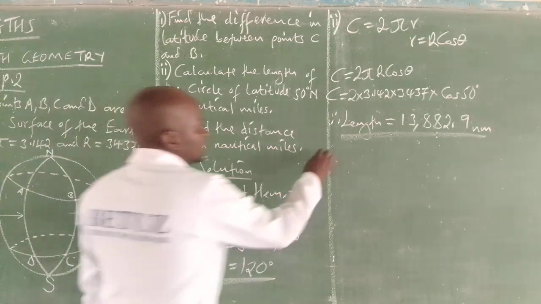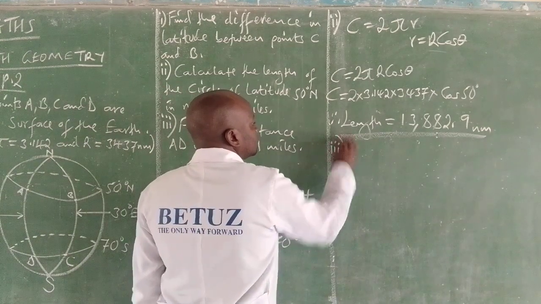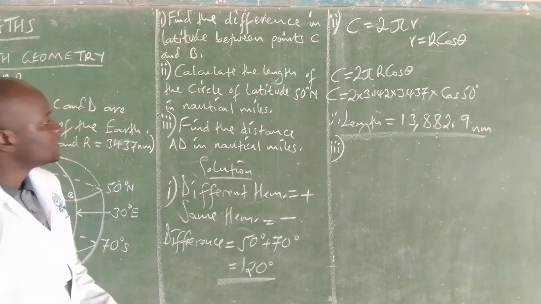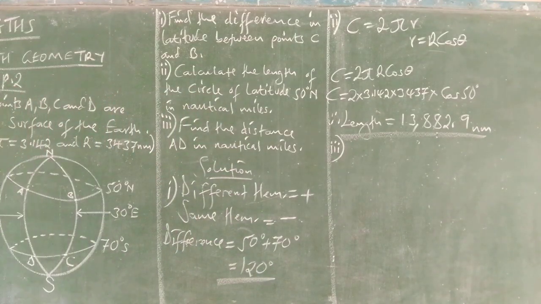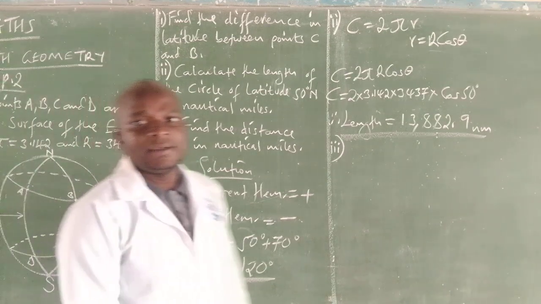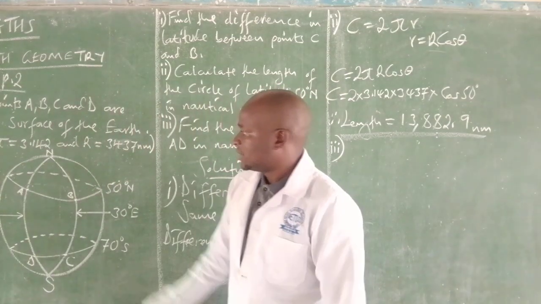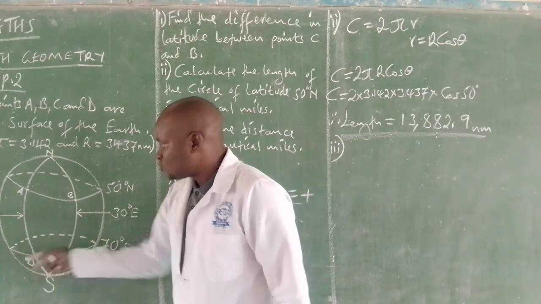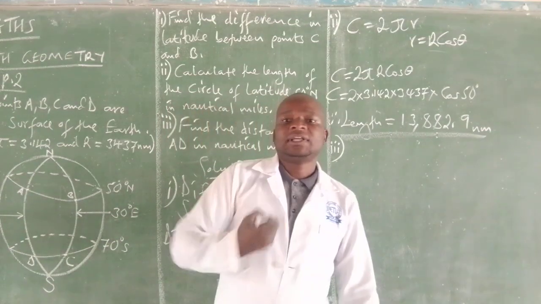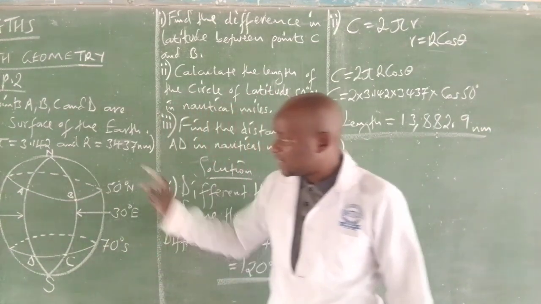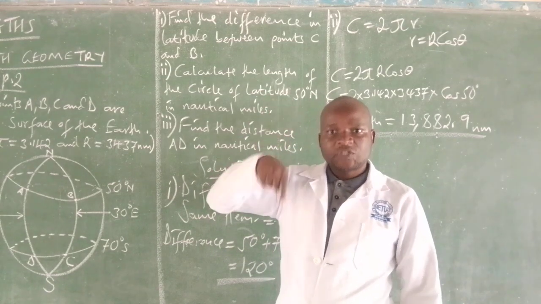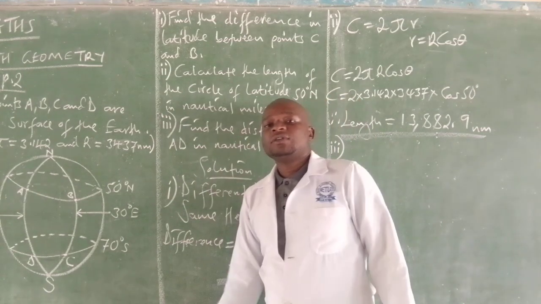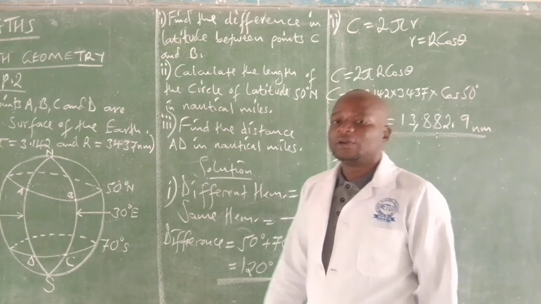Then coming to question 3, which says find the distance AD in nautical miles. From A to D, what is the distance? What is important here is to see that A and D are on the same longitude, meaning we are dealing with the distance along a longitude.